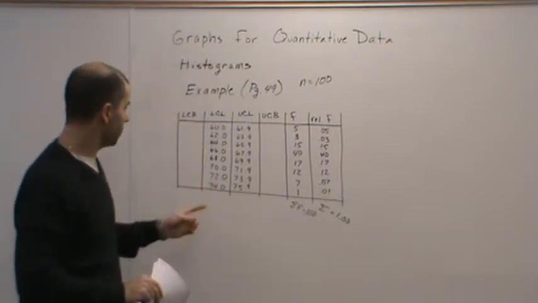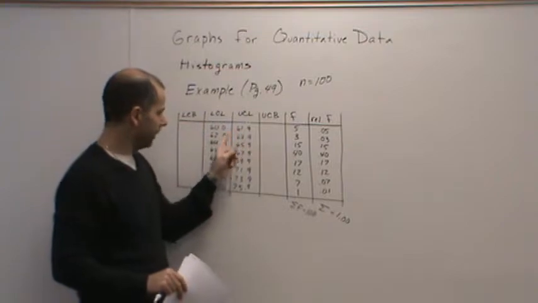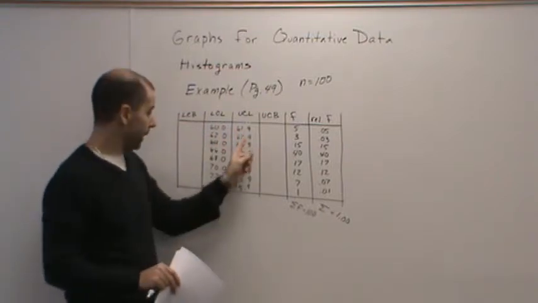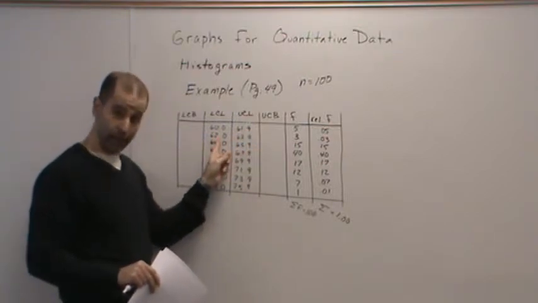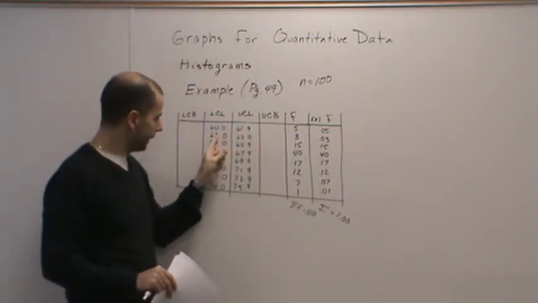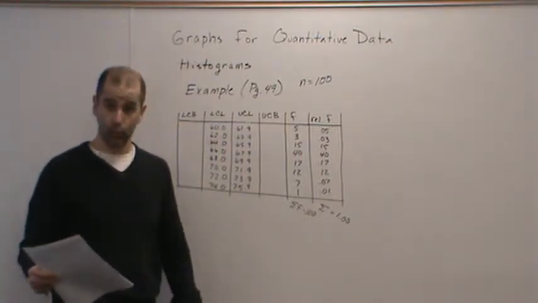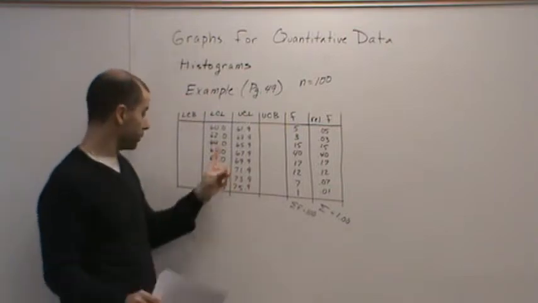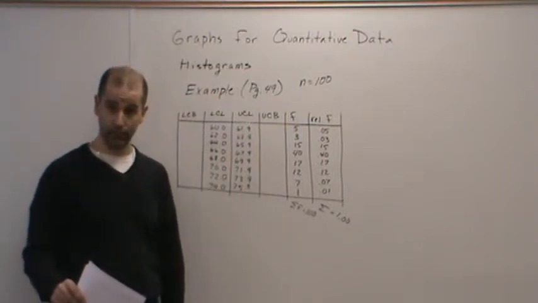Because if you notice, we're always going to have a gap in our table between the upper class boundary of one class and the lower class boundary of the next class. So in this case, we have a gap of 0.1, which should make sense, because we subtracted 0.1 to get that class limit.